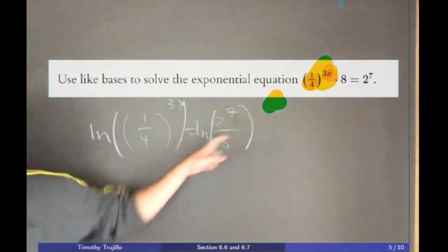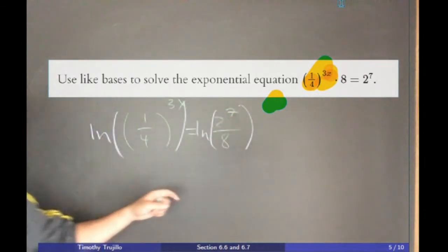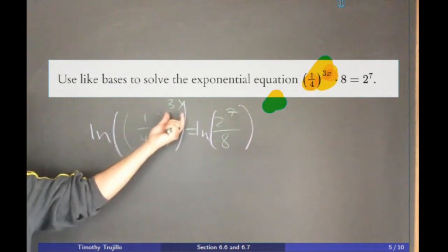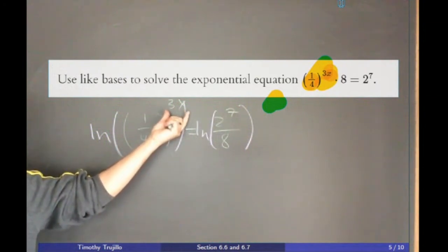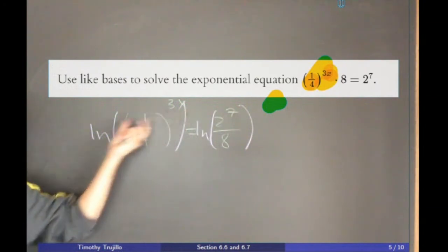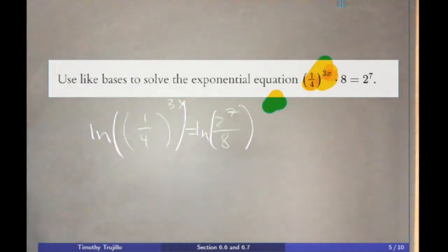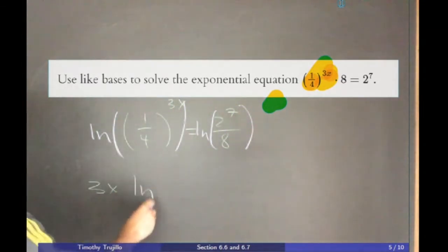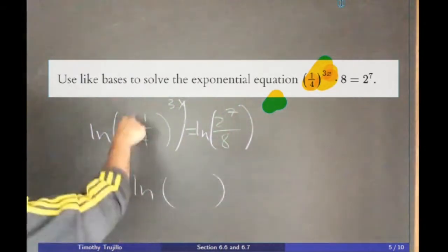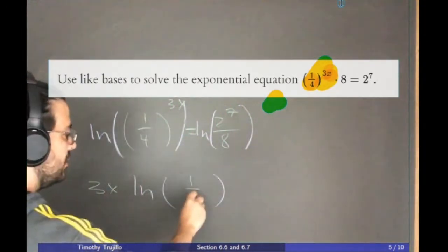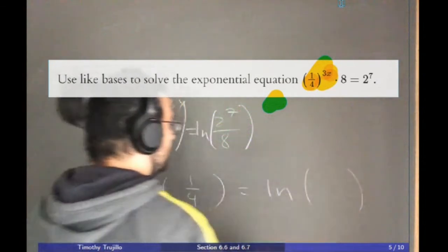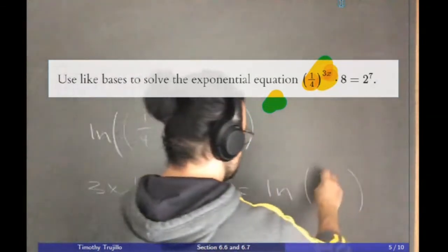This is just a number, so this is something I can compute, right? Over here, we have the unknown, and here's where we'll just leverage the power rule. This 3x, because of the power rule, can be just brought to the front of the equation. So that 3x comes down to the front, and then we have the natural log of what's left over, the base 1/4, and that's equal to the natural log of this number here, which is 2 to the 7th over 8.